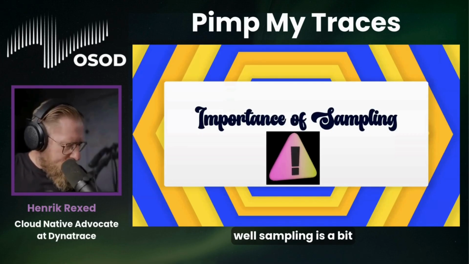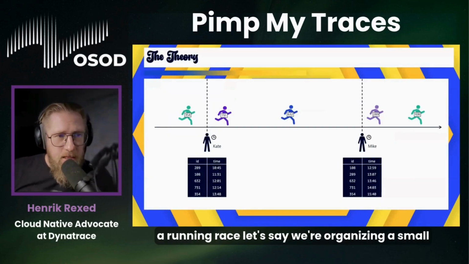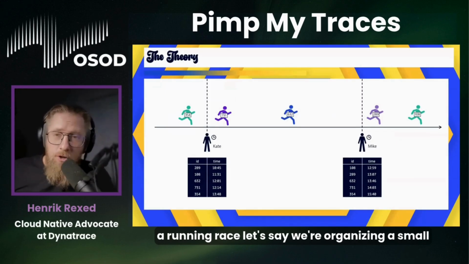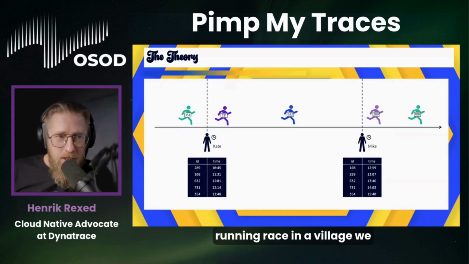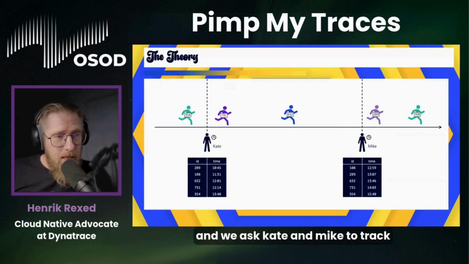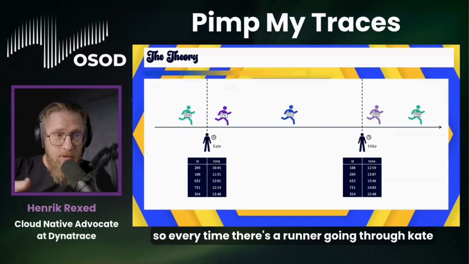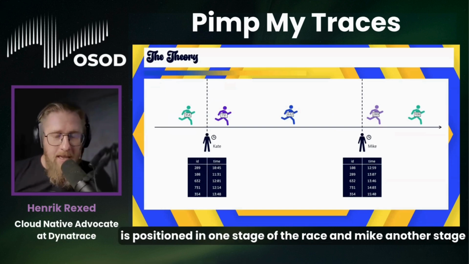Well, sampling is a bit like this example, which is a running race. Let's say we're organizing a small running race in a village. We have about 10 to 15 runners. And we ask Kate and Mike to track the timestamps. Every time a runner goes through, Kate is positioned at one stage of the race and Mike at another stage.